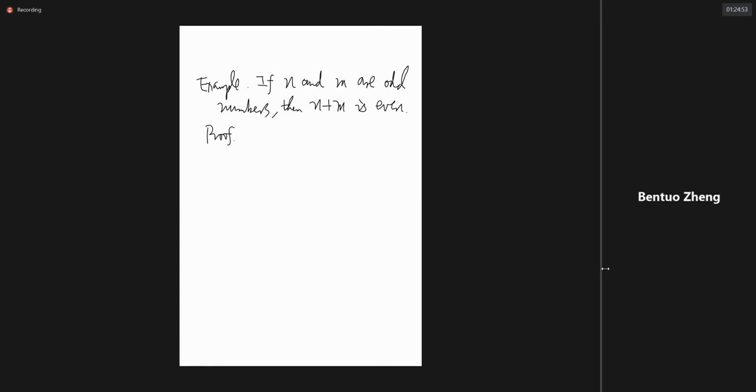Since n and m are odd, by definition, n is equal to 2k minus 1, and m is equal to 2s minus 1.